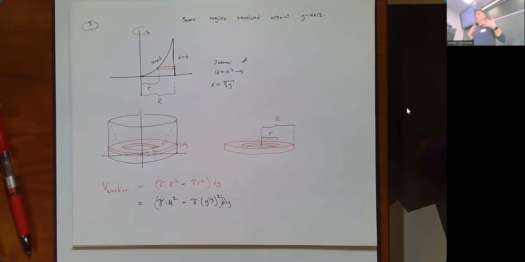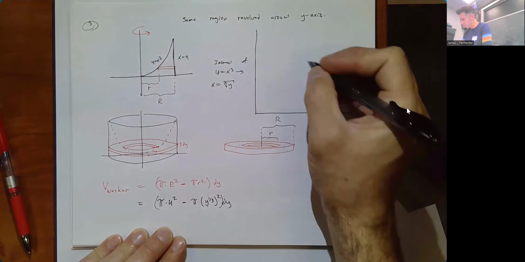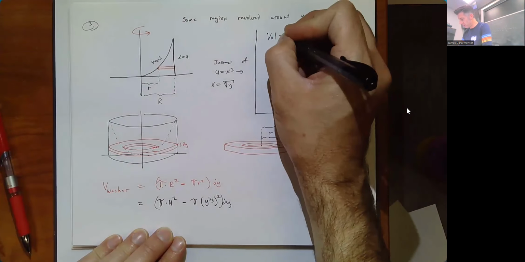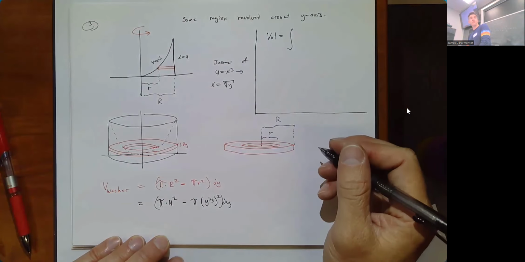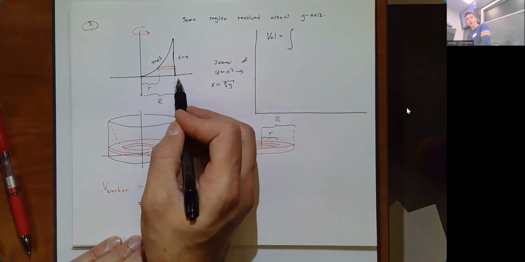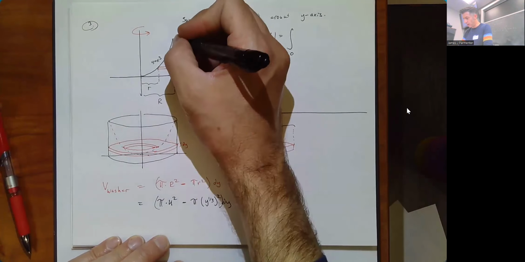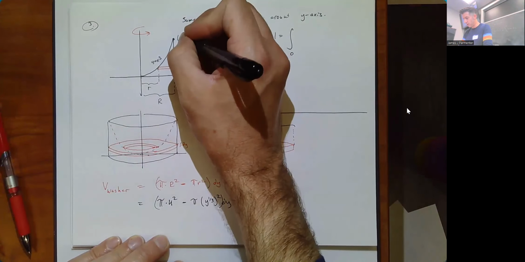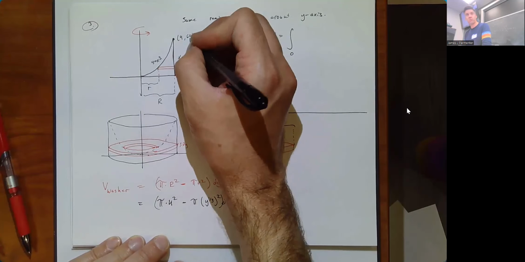And then to find the total volume, we add up all the washers. So our total volume is going to equal the integral from not 0 to 4. We're not going from left x = 0 to right x = 4. We're going from bottom y = 0 to top. If I plug in 4 for x there, y is going to be 64.